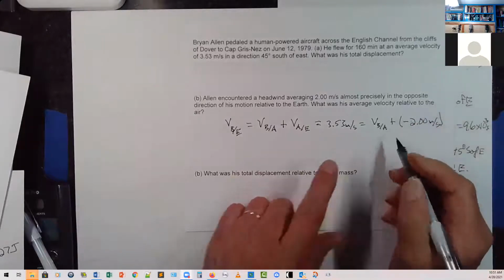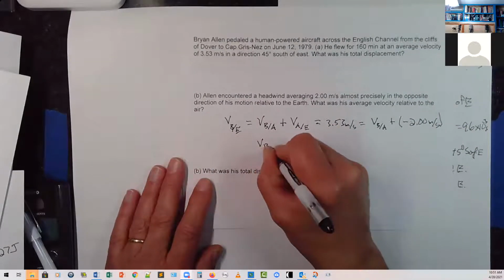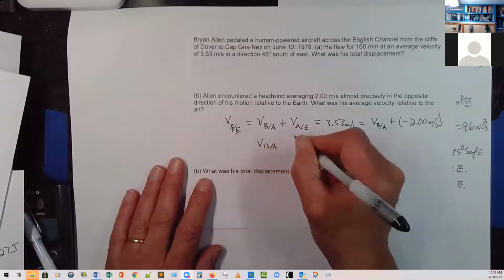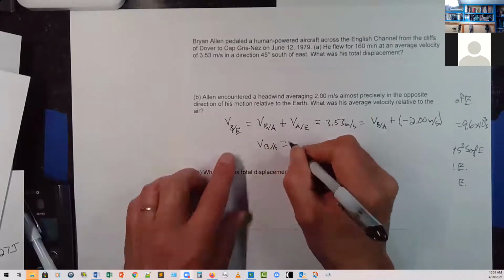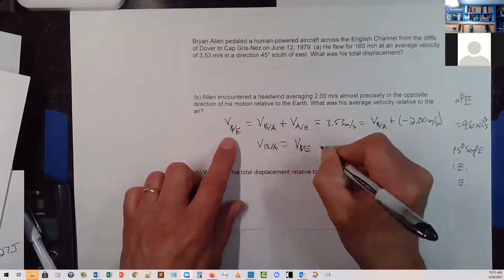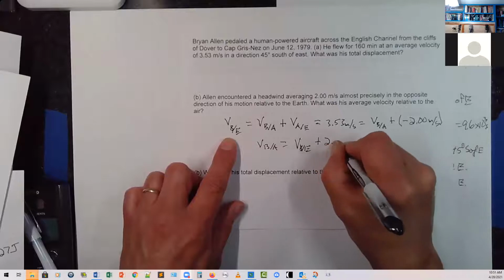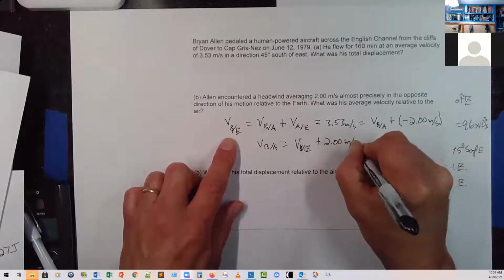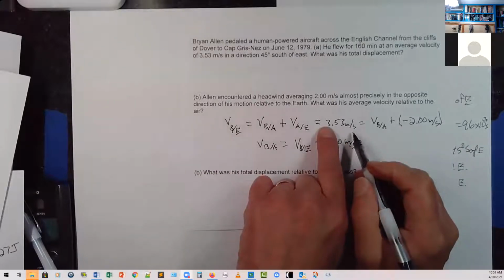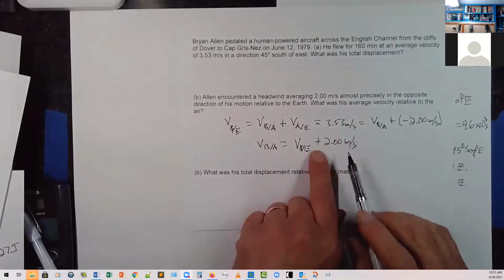And it means that the velocity of Brian with respect to the air is going to equal the velocity of Brian with respect to the Earth plus 2.00 meters per second. Whoops, and that one's the 3.53, because when you bring it to the other side, it changes sign.